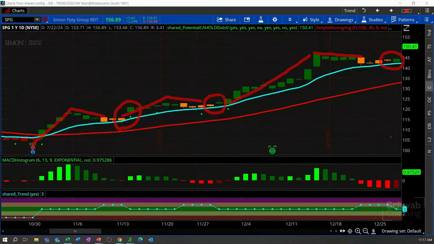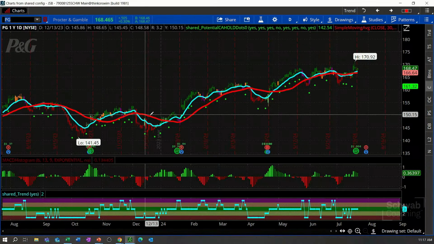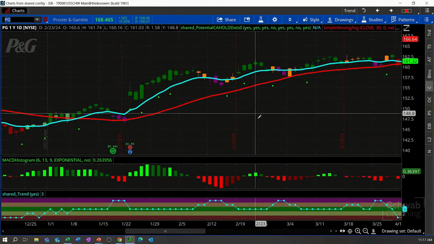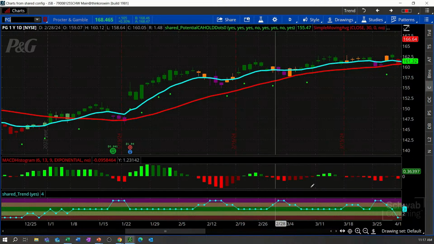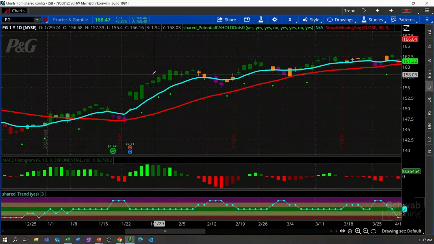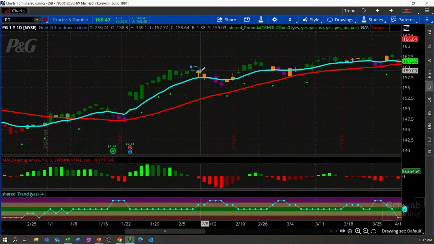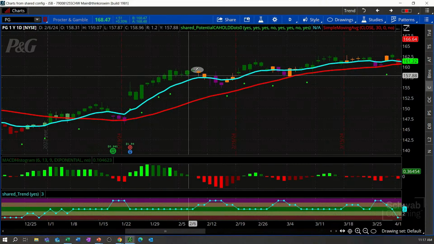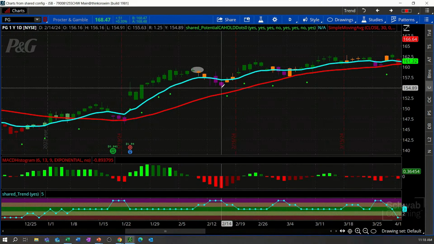Now, if we went to an example like PG, we just saw an example of making higher lows. But if we go from, let's say, green to orange, that could be where we're going from making a higher high to a pullback.